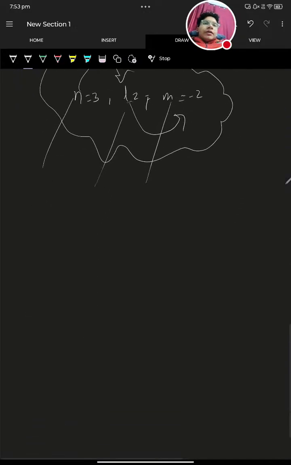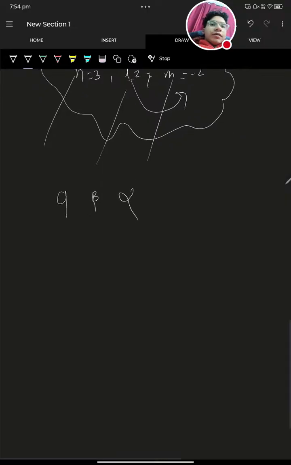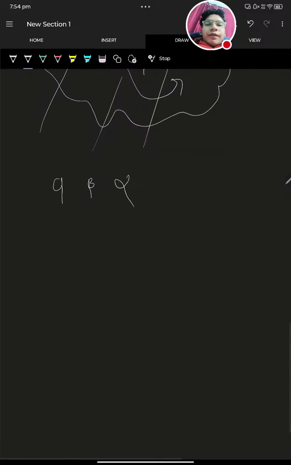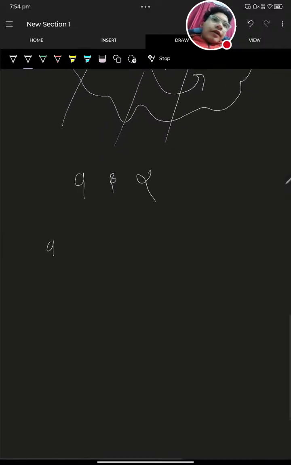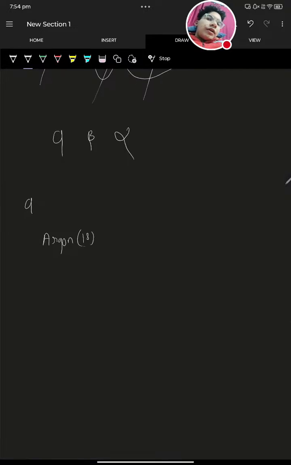So now is your alpha, beta, and gamma rays. You have read alpha, beta, gamma. These came from here only in chemistry. So alpha rays are like, if you have argon, atomic number 18. Now alpha rays are basically helium. Helium has atomic number 2.